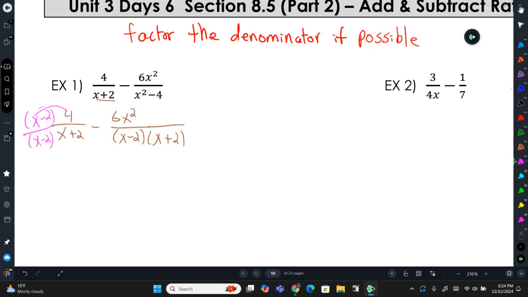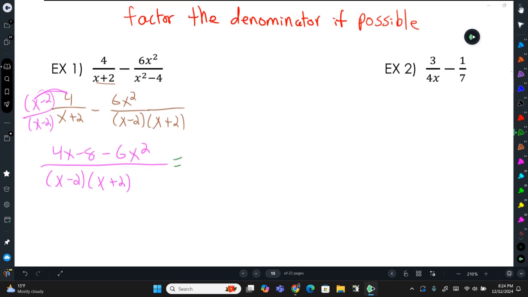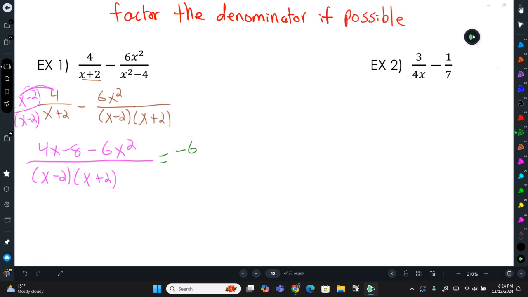So x times 4 is 4x. Negative 2 times 4 is negative 8, minus 6x squared, all over x minus 2 times x plus 2. Combine like terms. Well, we don't have any like terms here, so we're going to rearrange this as negative 6x squared plus 4x minus 8 all over x minus 2 times x plus 2.